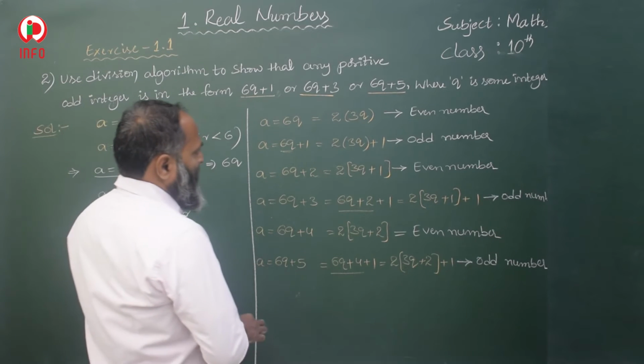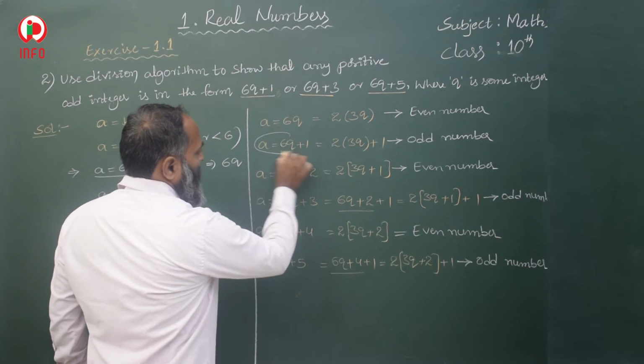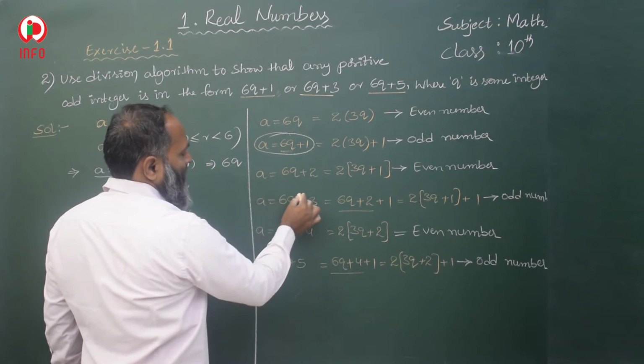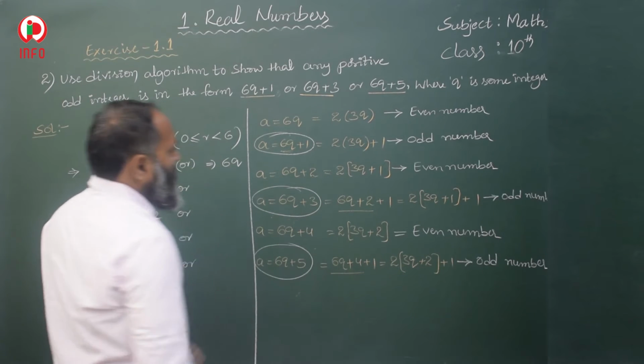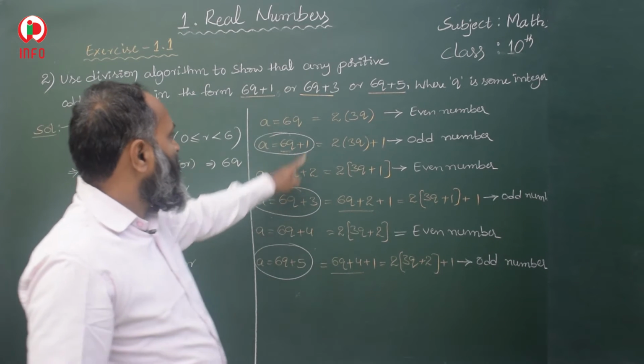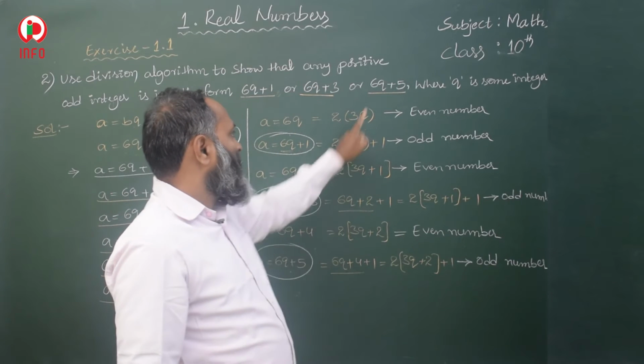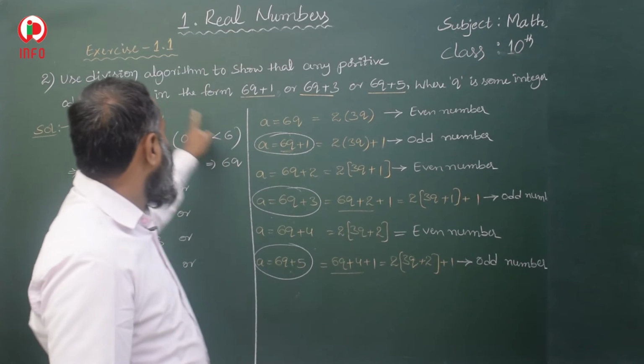So even numbers, odd numbers, and circle. I want to circle this: 6q plus 1, 6q plus 3, 6q plus 5. 6q plus 1, 6q plus 3, 6q plus 5 are odd integers.